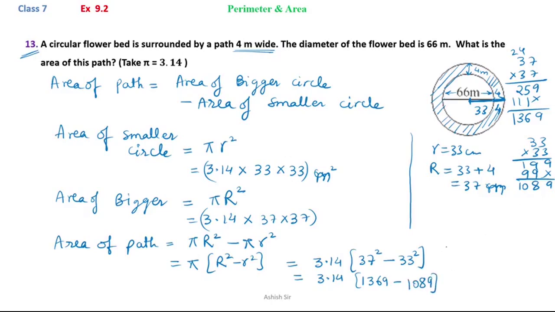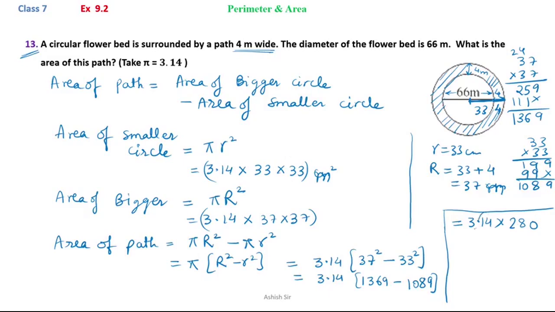Now when we subtract, what do we get is 3.14 multiplied by 9 minus 9 is 0, 16 minus 8 is 8, then 2. So we get 280.